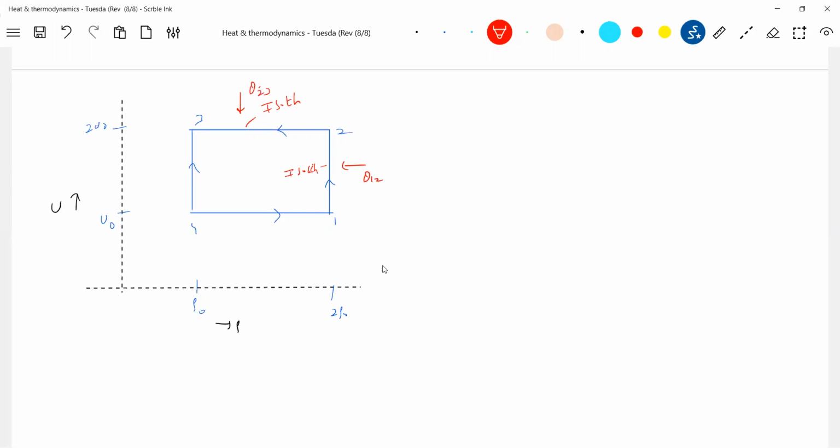Density constant, intensity decreases, so here it will be rejected. So this is again isochoric. What about 4, 1? 4, 1 will be isothermal compression, and it will be rejected. This is the expansion.